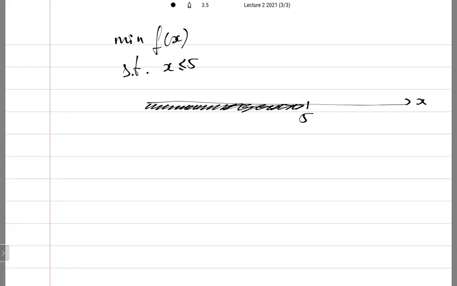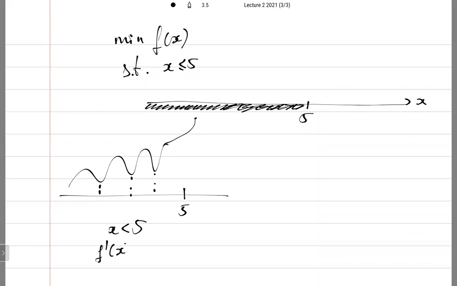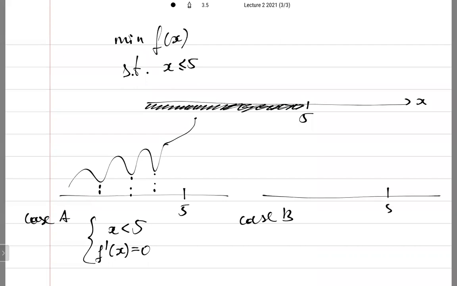There may be, once again, two cases. The first case is something like that. This is a local minimum. In that case, x is strictly less than 5, and f prime of x is 0. It's case A. And we have case B. What is case B? We have 5 there.